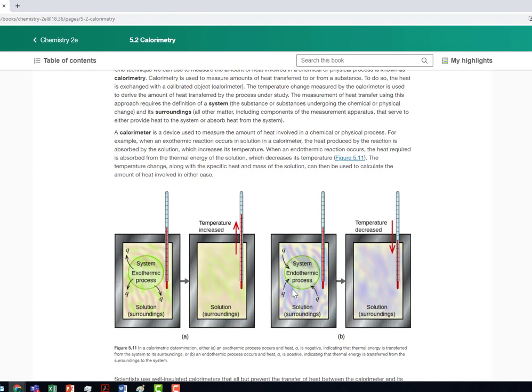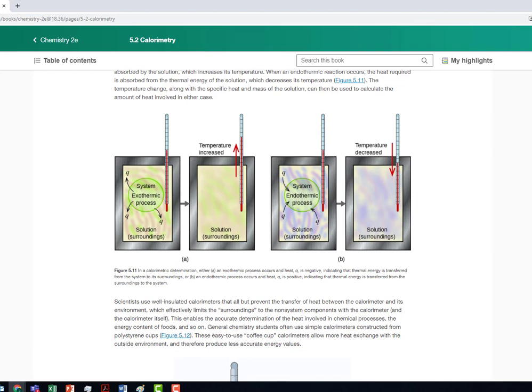We could do a similar thing for an endothermic process. So here we have a process that is absorbing heat from its surroundings, and as that occurs, the temperature goes down. But again, as long as we know the heat capacity of those surroundings, we can then figure out what Q is, and thereby figure out what's going on with that process.